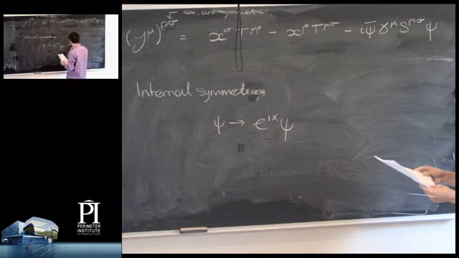This has a current associated to it, sometimes called the vector current, for a reason I'll describe shortly. So there's a V for vector. And it's just equal to psi bar gamma mu psi.